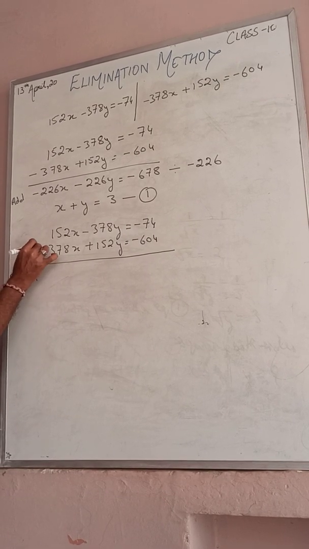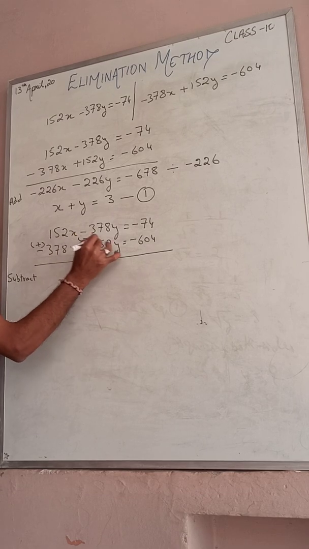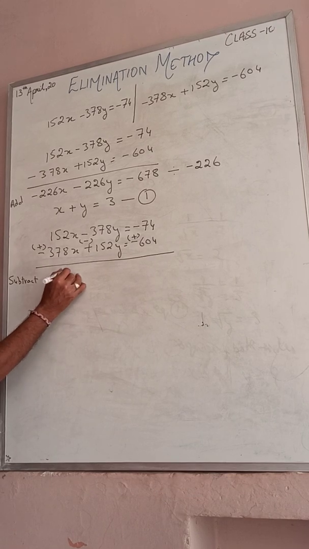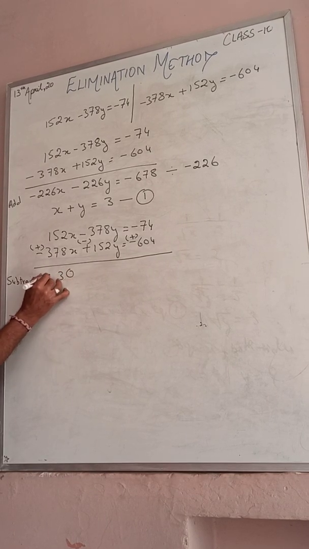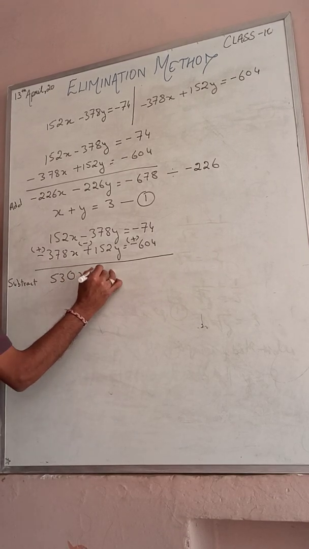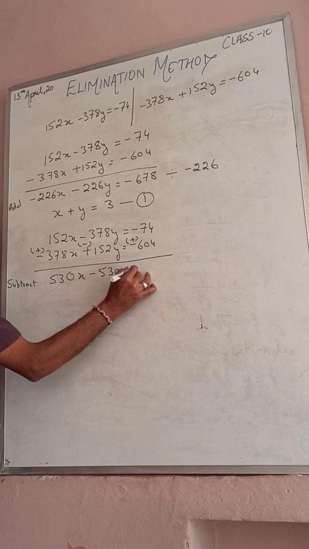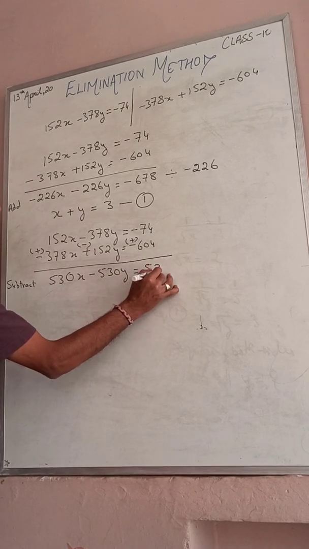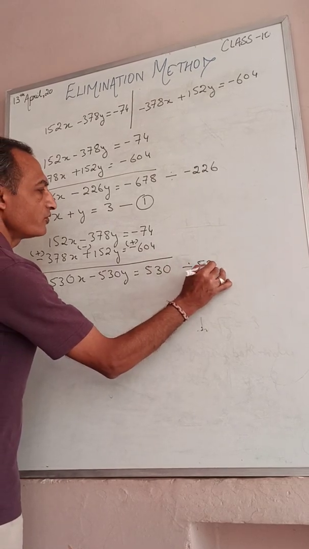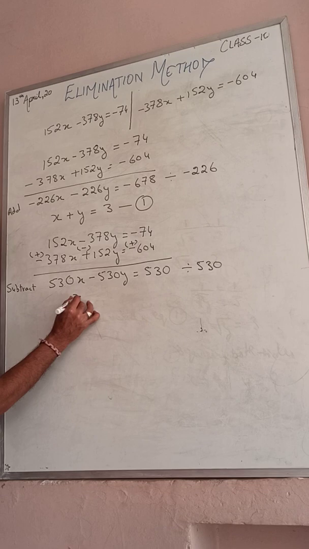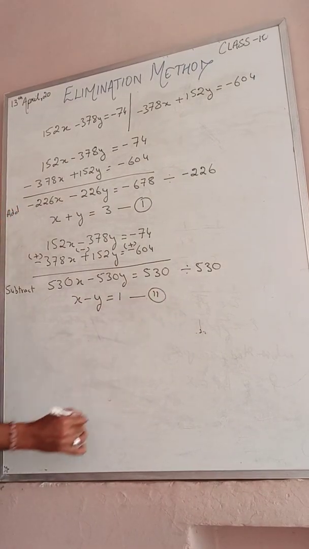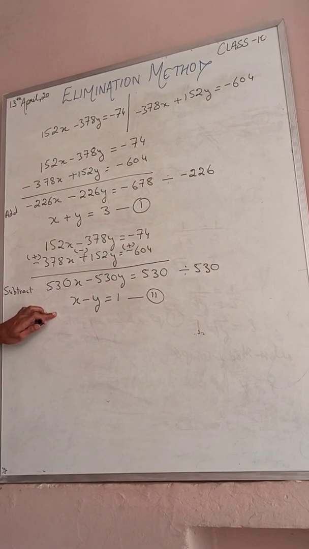When I subtract, the signs of the lower equation are going to change, and this time I am going to get 530x minus 530y equals 530. You can divide the whole equation by 530. It gives me x minus y equals 1.